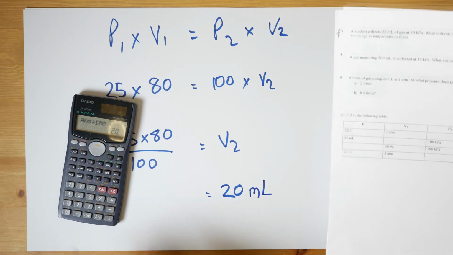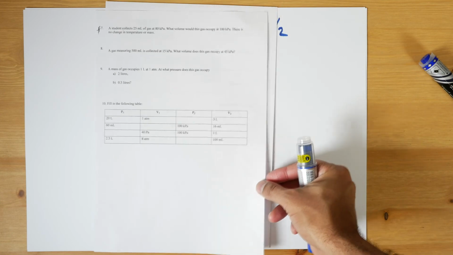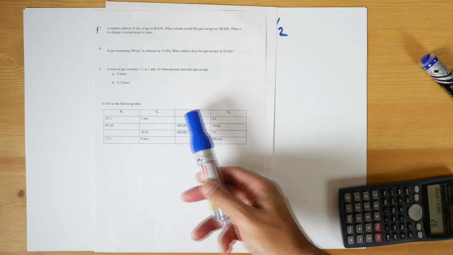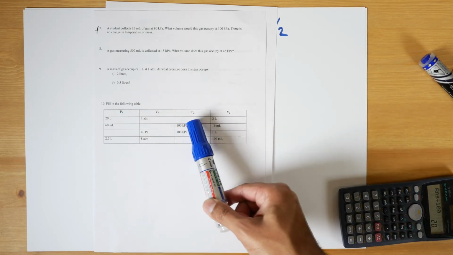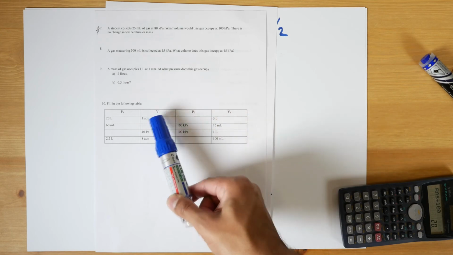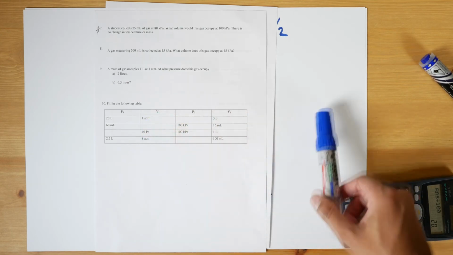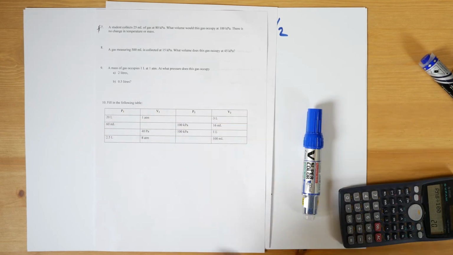So just to summarize, I'm going to show you this table down here. We've got here P1, V1, P2, V2. To work out P1, it's P2 times V2 divided by V1. To work out V1, it's P2 times V2 divided by P1.